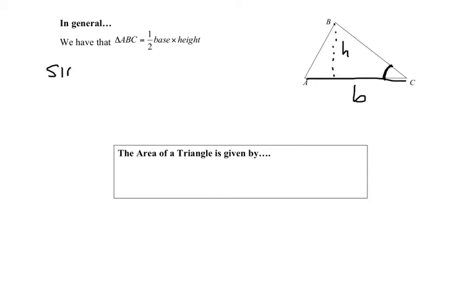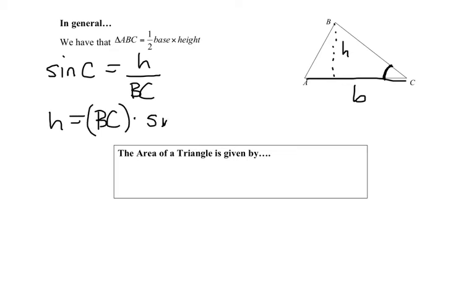So sine C is going to be the height divided by BC. So the height is side BC times sine C.